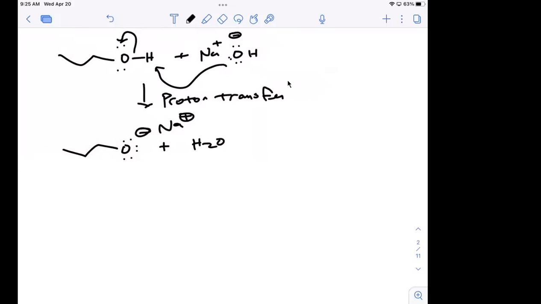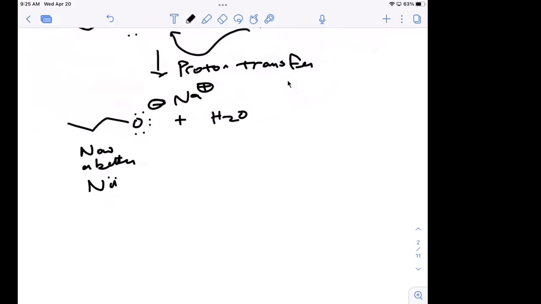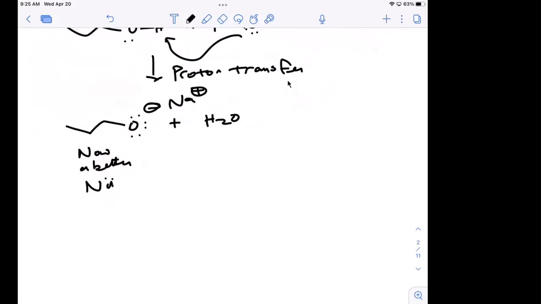If you recall from part 1, the rules for nucleophiles: normally a neutral nucleophile is less reactive than a negative nucleophile. So this is now a better nucleophile, right? So now that can react with the alkyl halide. So let me just show that step.